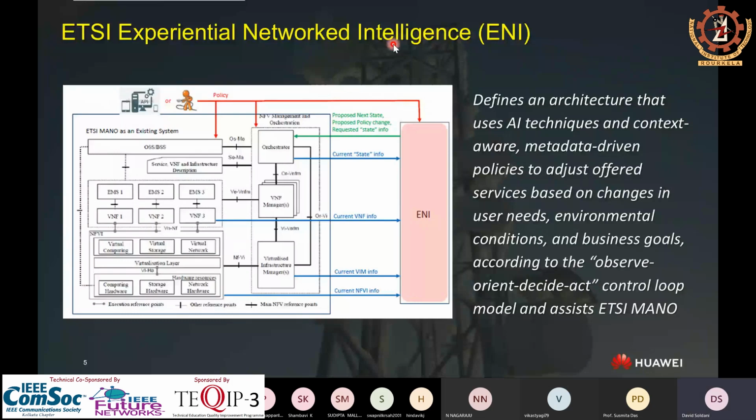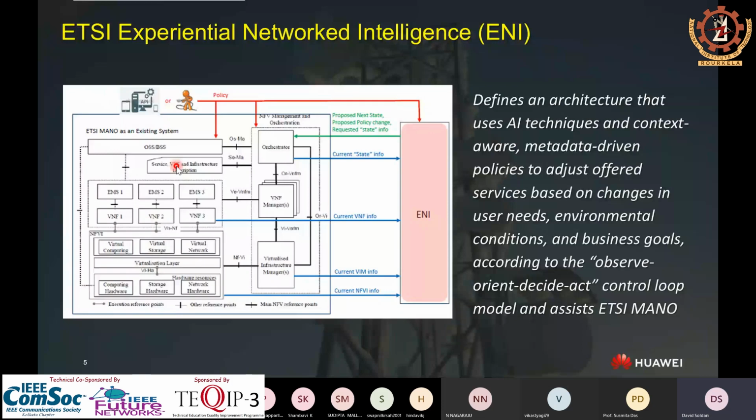The work done by ETSI initially has been around the virtual network function and its virtualization. You may see here the high-level architecture they have output, and the different functions we have at the different layers, from the virtualized infrastructure layer up to the virtual network functions, and then the orchestration layer on top.